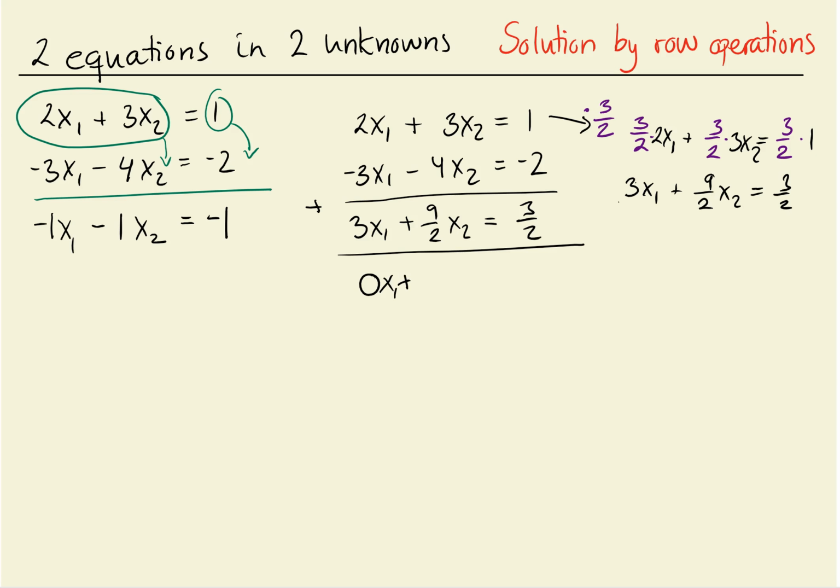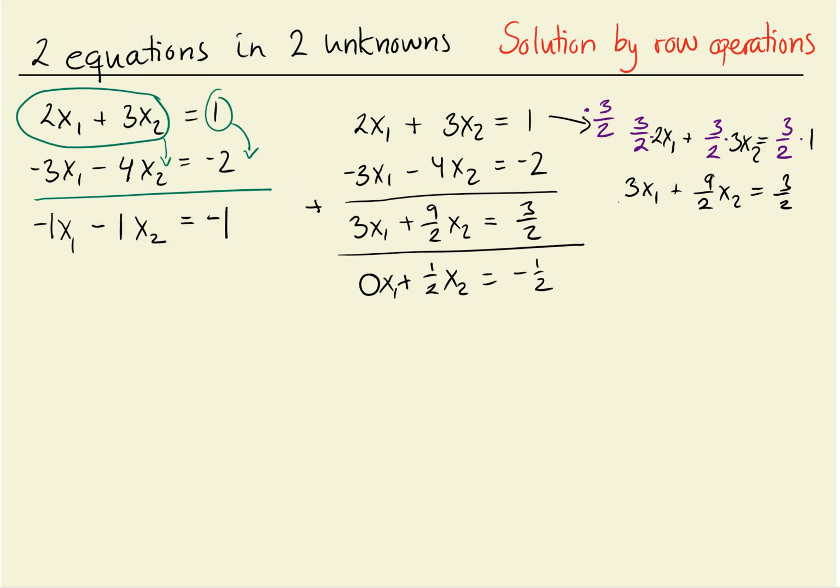And up here we have minus 4x2. That's the same as minus 8 halves x2, plus 9 halves. So that's just 1 half x2. And this is minus 1 half.